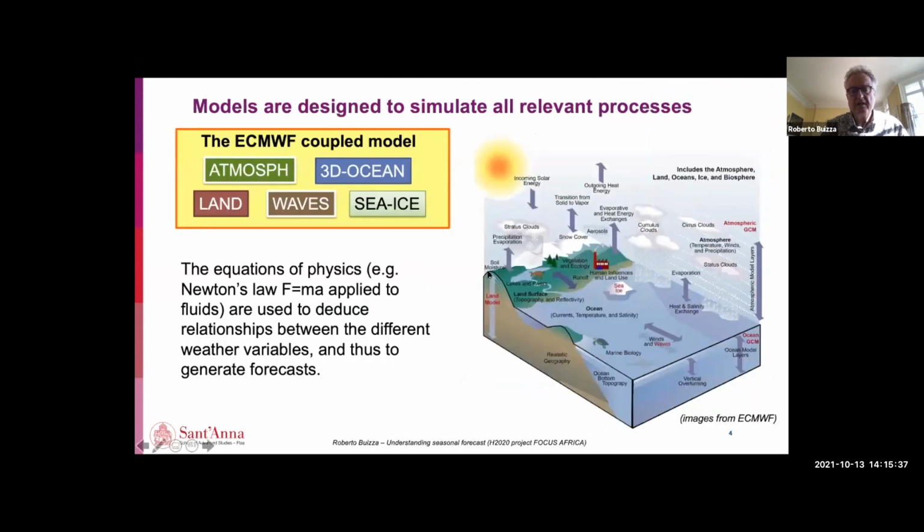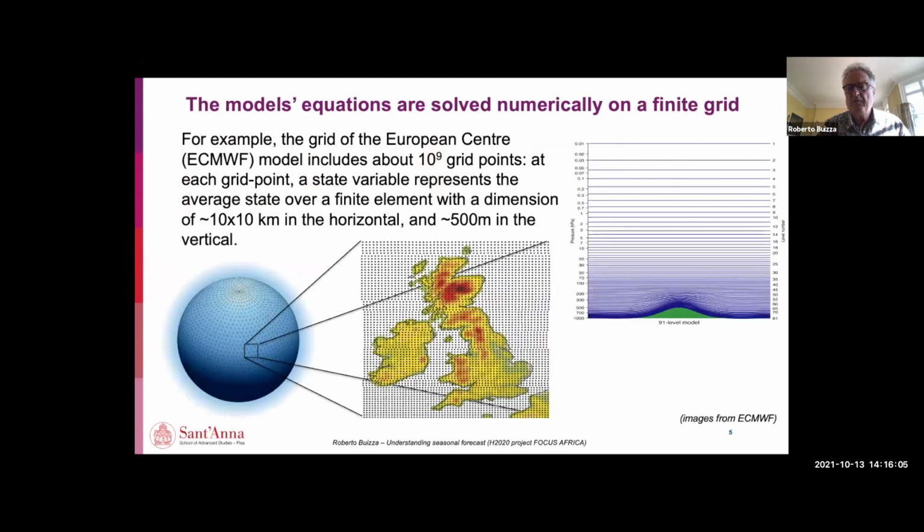The models try to simulate all the important processes that affect the weather. The interaction between the ocean and land, the interaction between the air that flows over land and vegetation and the mountains, clouds, sea ice, and so on. And the models are based on the equations of physics, okay? Clearly, we cannot solve them with a pen and pencil.